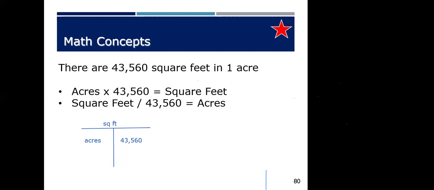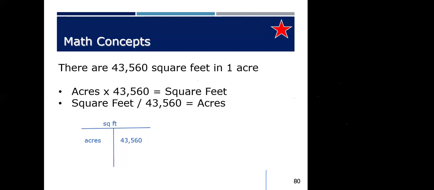I've heard some pretty clever methods over the years to help us better memorize this number. My favorite one is 4 little old ladies driving 35 and a 60. We've all been behind them. We've all been there. 4 little old ladies driving 35 and a 60.